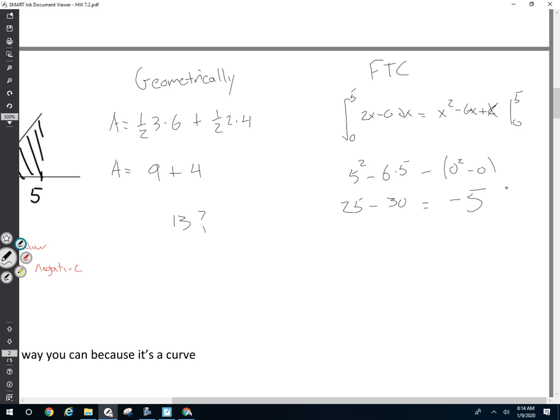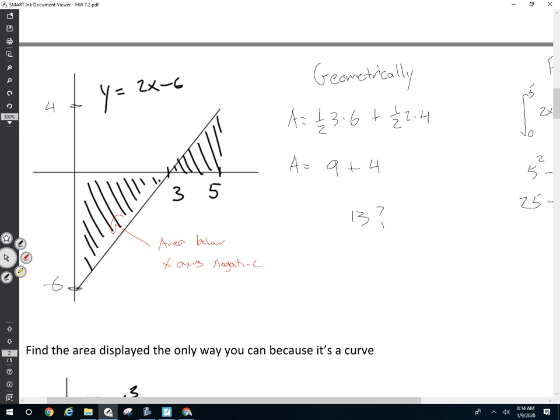What? Turns out this is what we're going to say is correct. And there's a reason why. We will say that this height of negative 6 is negative. And this should be a negative 9, which means this turns into negative 5. And that's because if you think about this in terms of a velocity, and we'll talk about this more in next class.